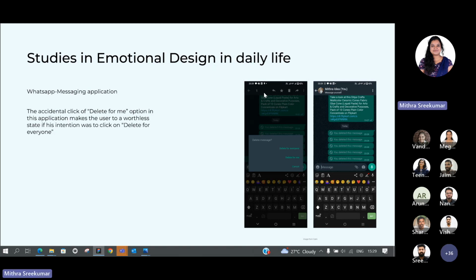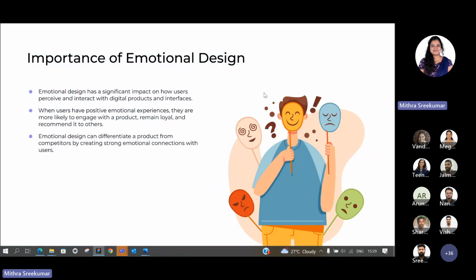So we as designers, we have to think about the use of emotions, and we have to wisely use and decide how to create better experience. So what is actually the importance of emotional design?